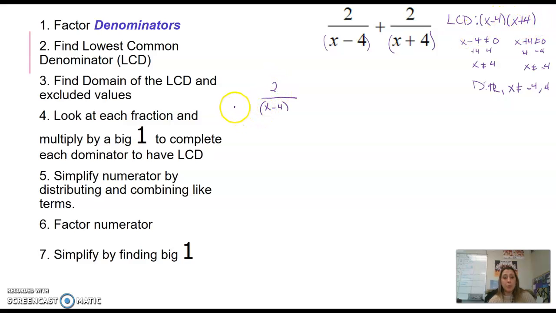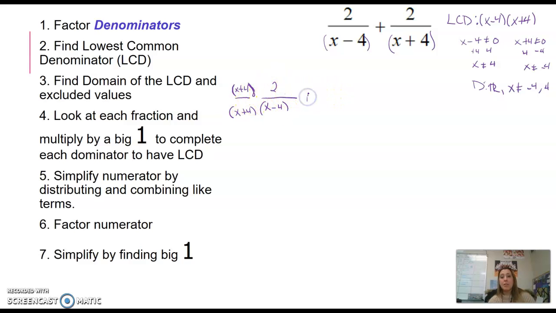So I'm going to multiply the bottom by x plus 4. Now with fractions, if I do that to the bottom, I have to do it to the top. So I'm going to do that to the top, x plus 4. So now I have x plus 4 over x plus 4, which is a big 1, right? It's just 1 times all of this.